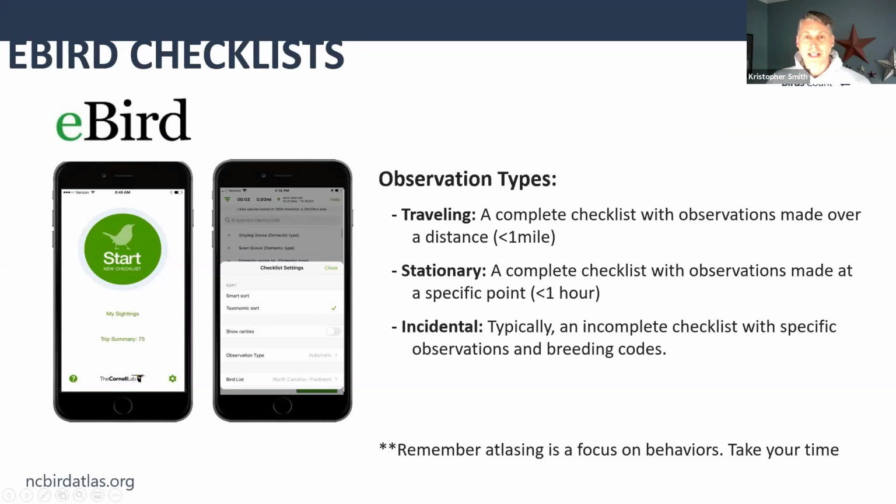A bald eagle would be a good scenario, where you see one and you want to record where you are, but you do not have time to spend another 10-15 minutes observing all of the other birds in that area. So you are only recording that bald eagle sighting, or whatever it may be. That would be considered an incidental one.